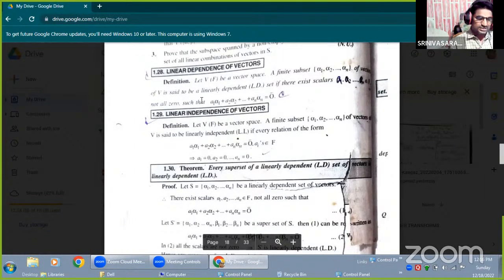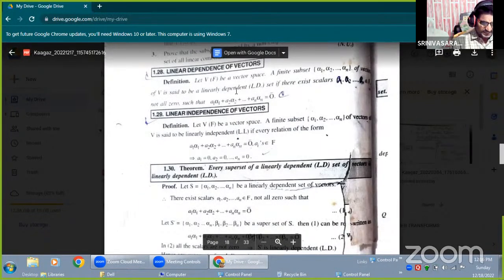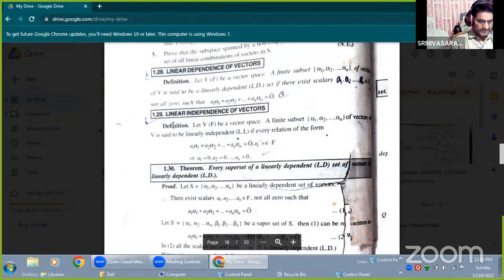When that determinant is non-zero, it is called linearly independent. When it is zero, it is called linearly dependent. So when the determinant through the matrix form is zero, that is linearly dependent. If it is non-zero, that is called linear independence of vectors.